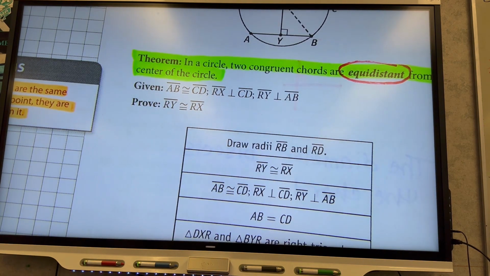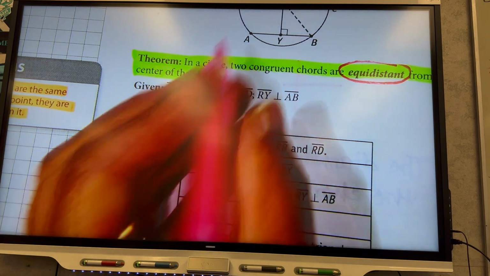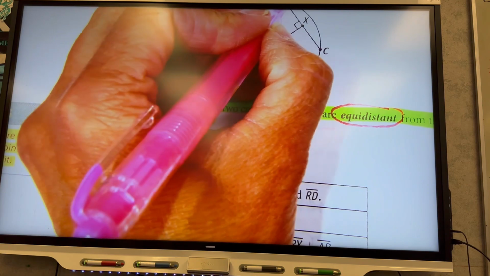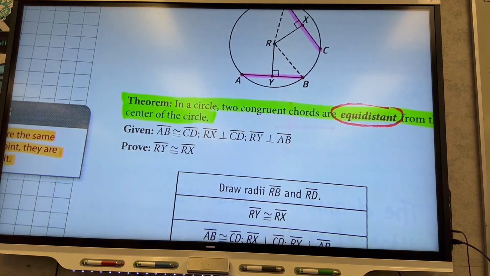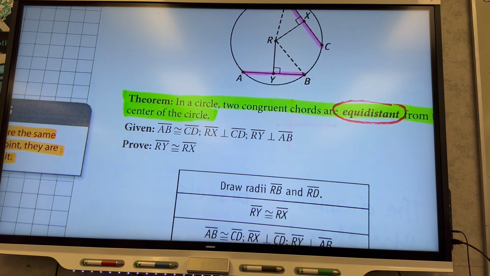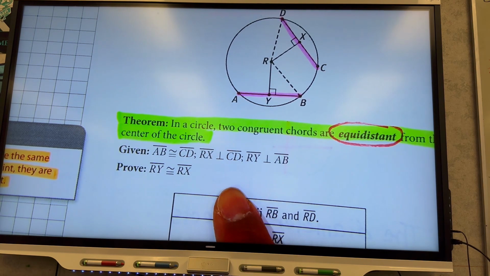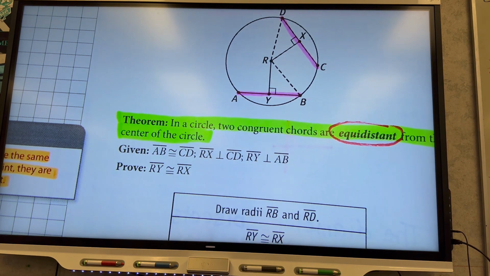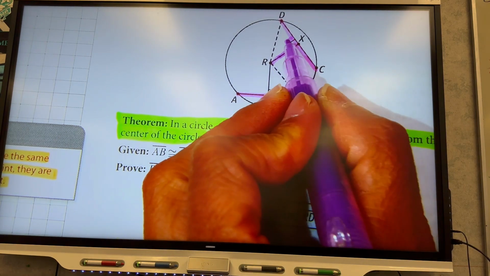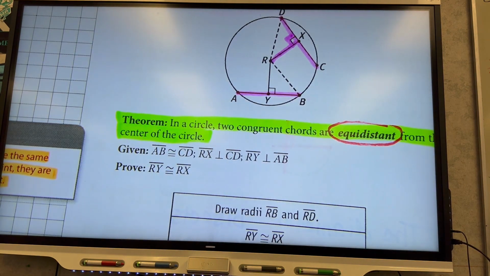All right, so we are given chord AB is congruent to chord CD. So I'm just going to trace them with my highlighter. Chord AB and chord CD. They're congruent, that's what it says, it's given information. We're also given that RX is perpendicular to CD. So RX is this segment, and it already shows the little box to show that it is perpendicular to chord CD.